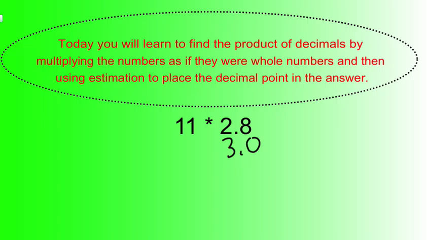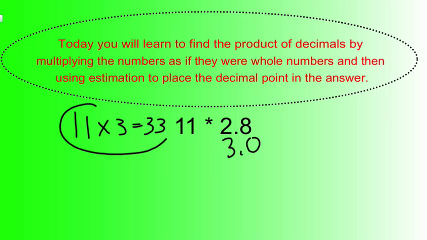So we would basically be saying 11 times 3 for our estimation, which gives us an answer of 33. So we know right off the bat that our answer is going to be somewhere in and around 33. Okay?